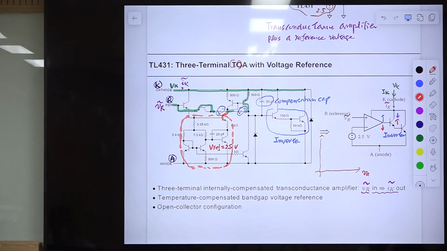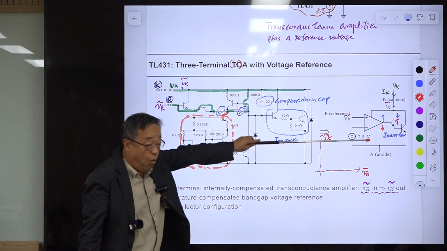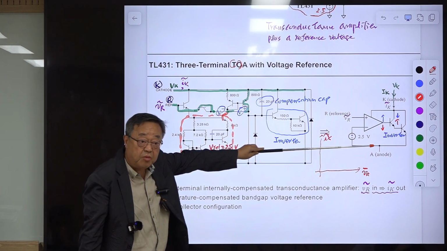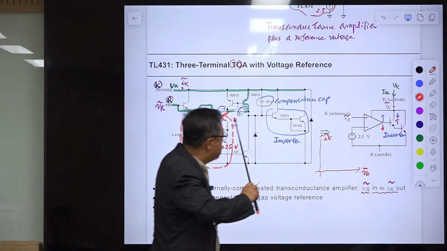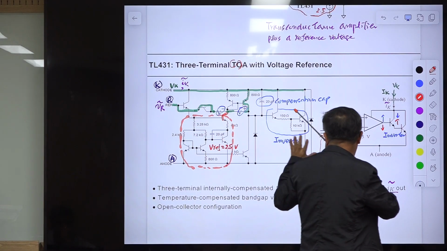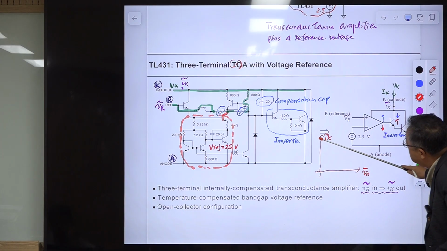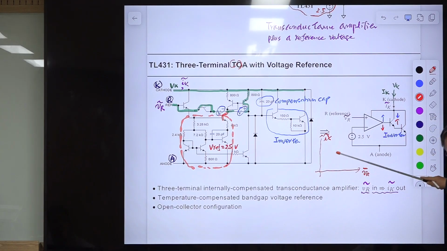The input is VR, AC input, and the output is IK, AC IK, and you want infinite gain for all frequencies. That is impossible. If you do not do anything about this, the characteristic is very strange, so you cannot predict it.